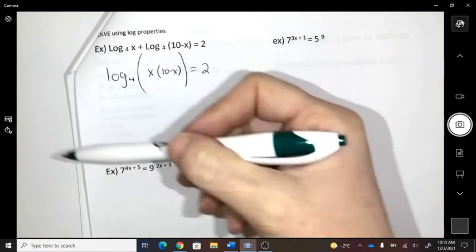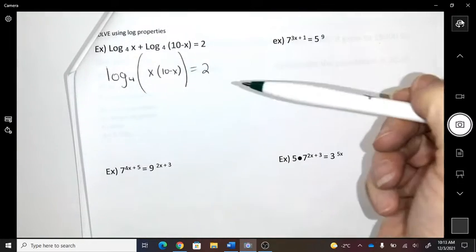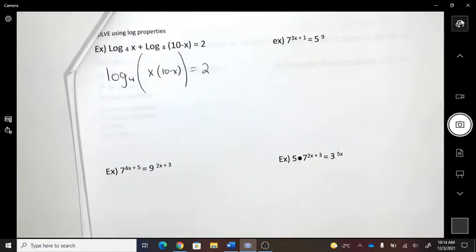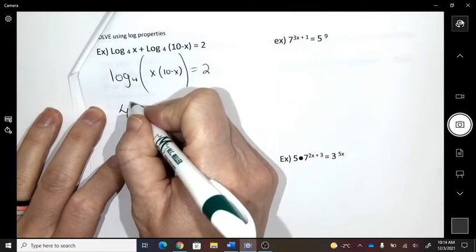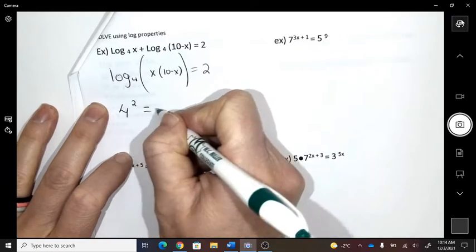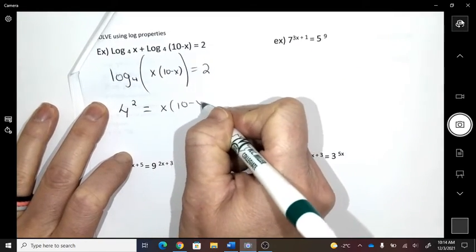Okay, can you take this, which is in log form, can you rearrange it for me into exponential form? Think, what's the base to the exponent equals the result? Can you maneuver that for me? Base of 4 to the 2 equals result.